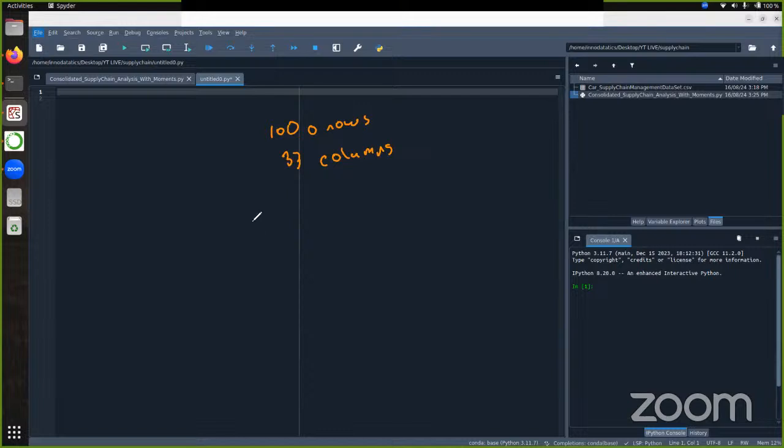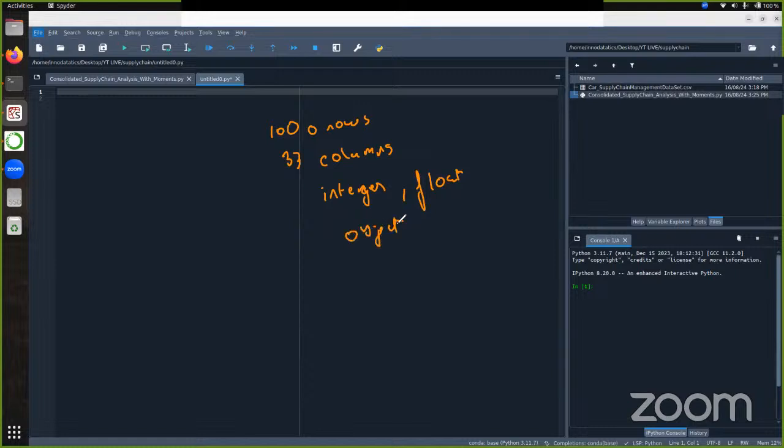And we are looking at a wide variety of columns. We are going to have integer and float values. And we are also going to have something known as object.